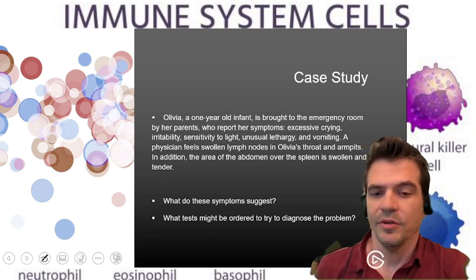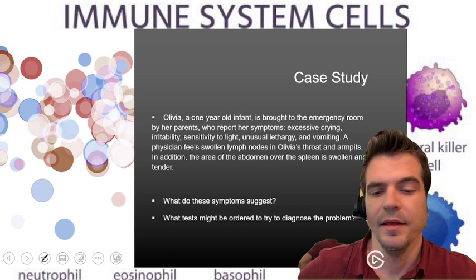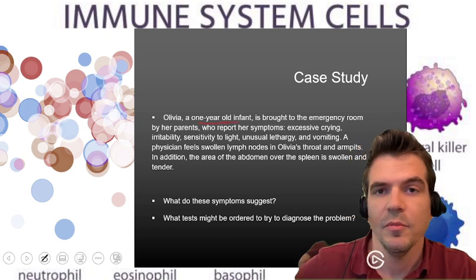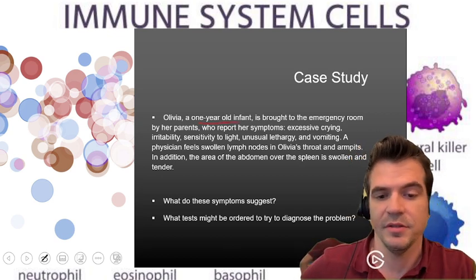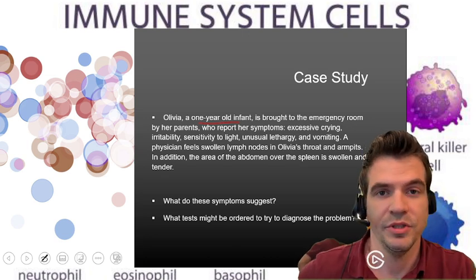So we'll enter our first case study on adaptive immunity, and here we learn about Olivia, an infant brought to the emergency room because of irritability, sensitivity to sunlight, lethargy, and vomiting.